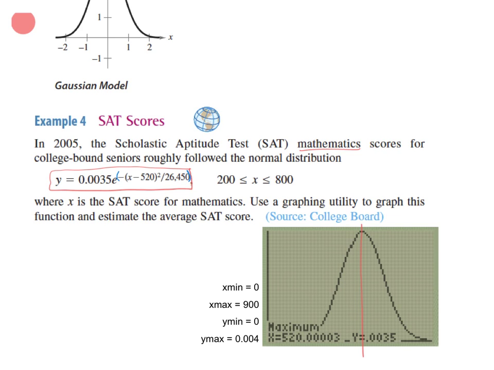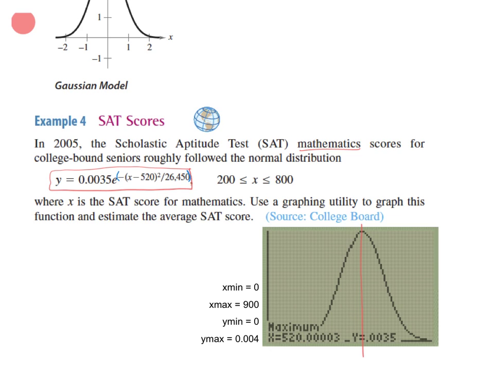So if you hit zoom and scroll down to choice 0, it's zoom fit, and it will actually fit it in the window. It doesn't do a great job on all functions, but on the bell curves it gets it really good.